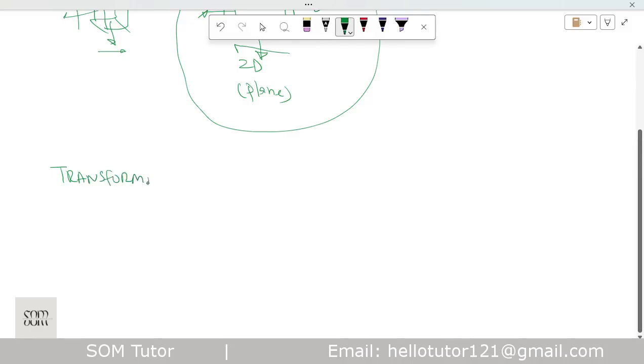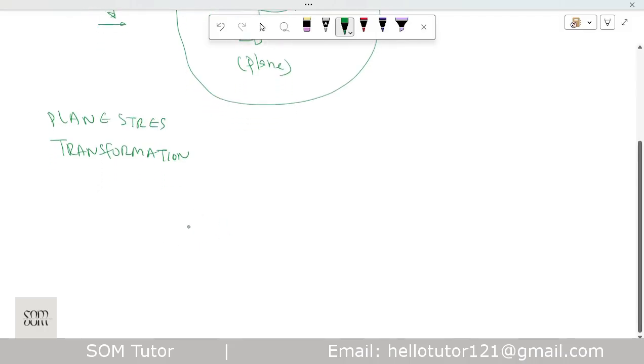Plane stress transformation is basically like when we know the stress conditions in one coordinate system, and what we do, we rotate the coordinate system, and then we see what is going to happen to the stresses.